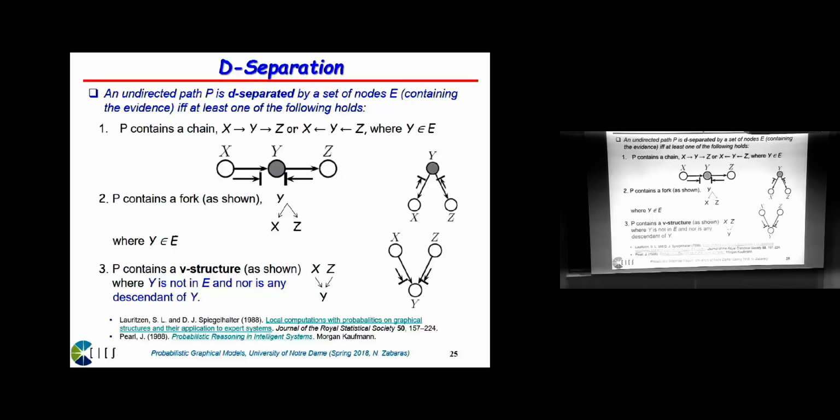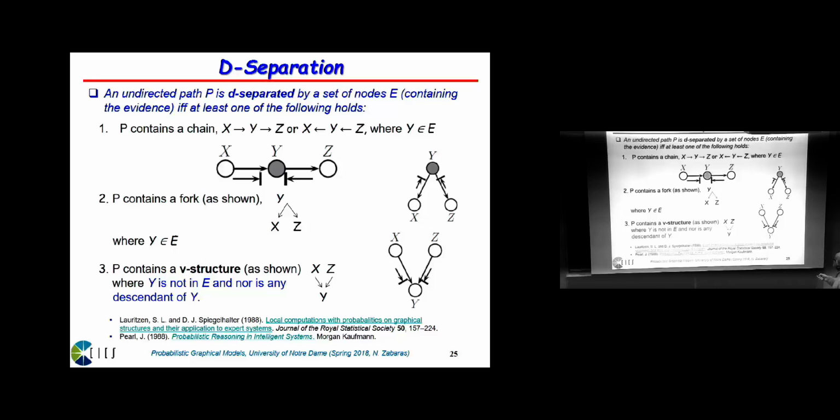So, definitions. There is way too much information on the slide, so let's go line by line. An undirected path is d-separated by a set of nodes E. E here implies the nodes that I know, that's the evidence. So a path is d-separated if at least one of the following holds. In the various graphs that you see, this is my evidence.